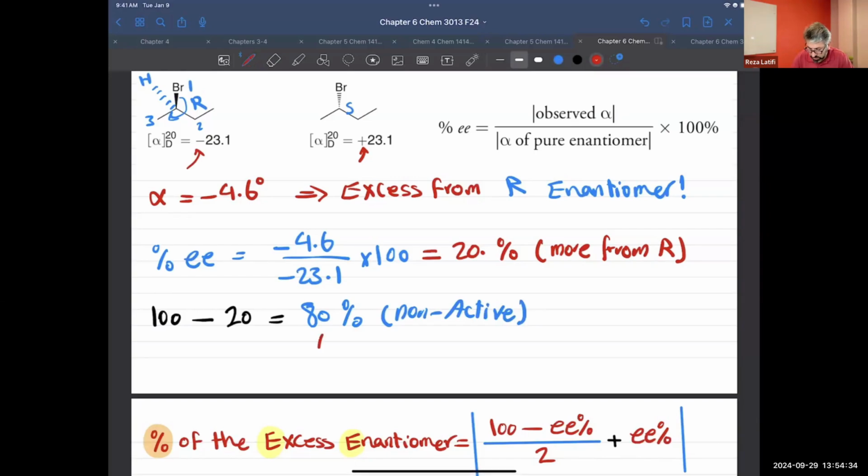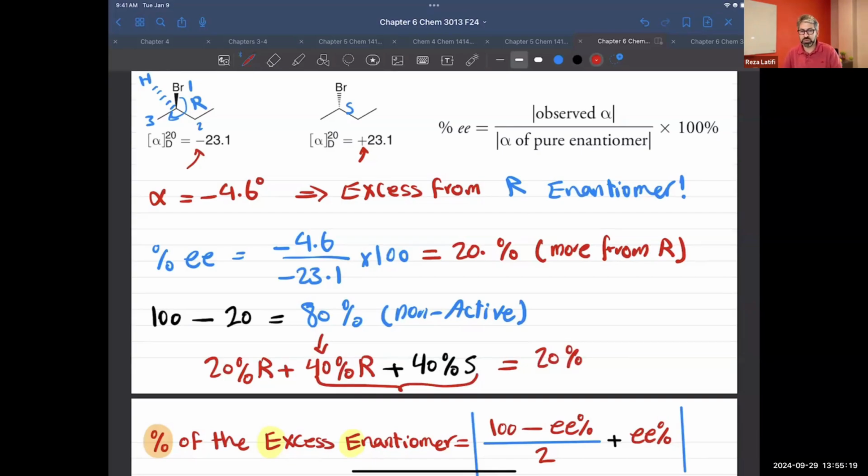Because you have 40% R, and also you have 40% from S, and these two will cancel each other. They will make the solution racemic. But you have also 20% from R, because you have excess from it. And the excess in enantiomeric will be just 20%.